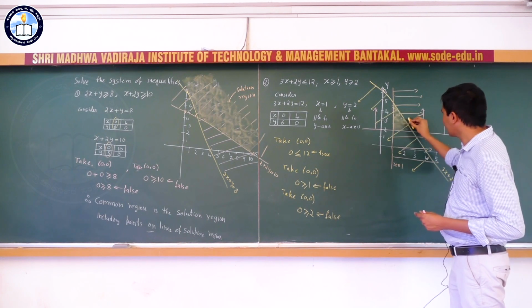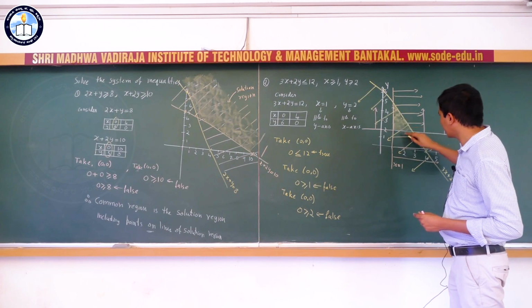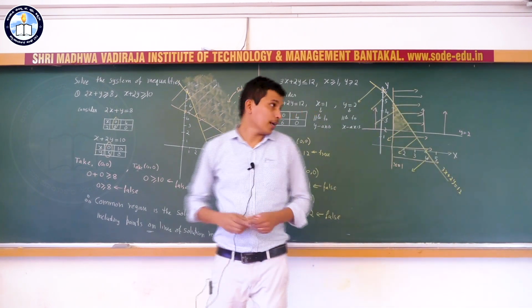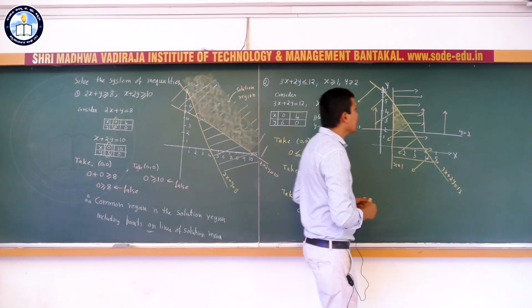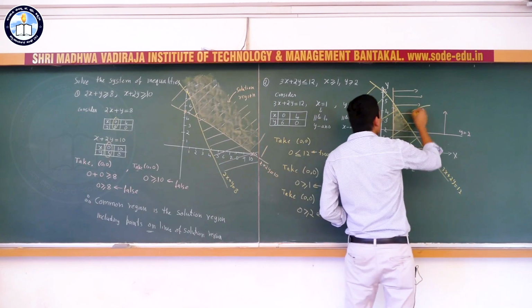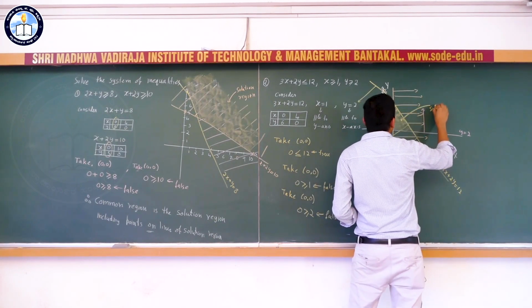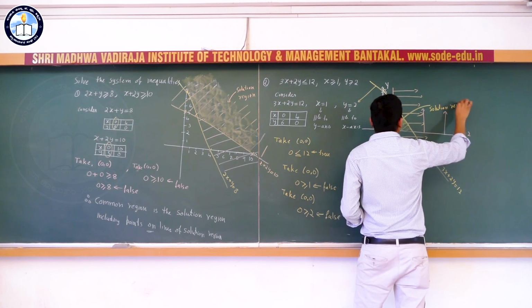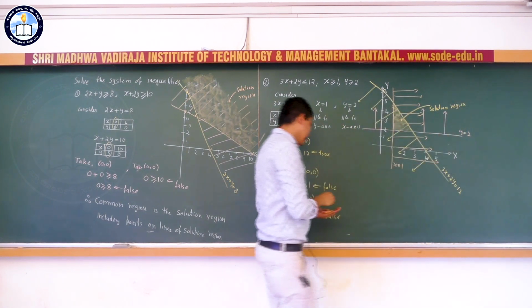This part of the graph is common for all the three inequalities, all the three regions here. So this one is taken as the solution region. You need to write the conclusion part.